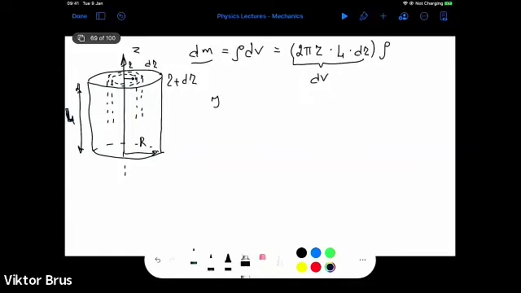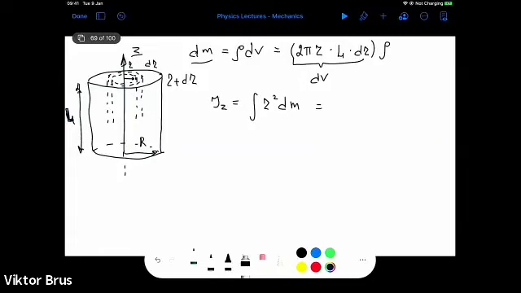So the moment of inertia of this cylinder, now it's not about axis y, it's about axis z, this one, will be equal to the integral of r squared dm. So this is our equation which we derived earlier.